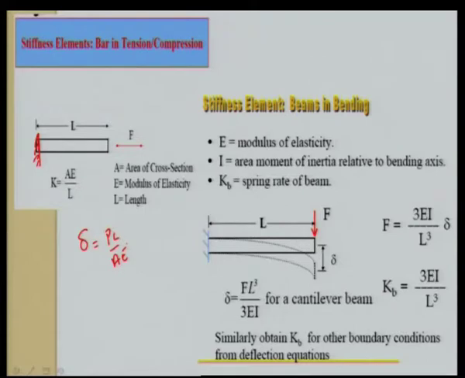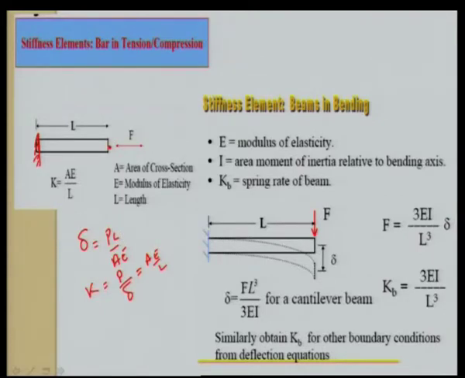Now, my stiffness is defined as force by deflection, which is nothing but AE over L, and that is how we get it here, because this is a predominantly large displacement. All displacements are at the tip, at this position.